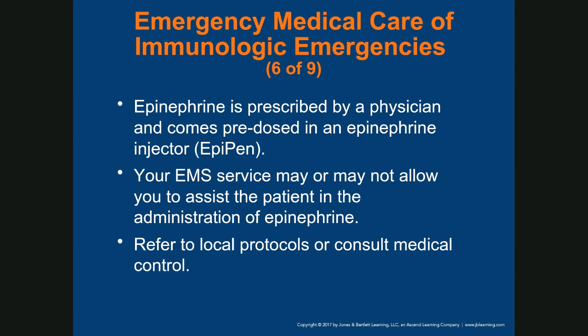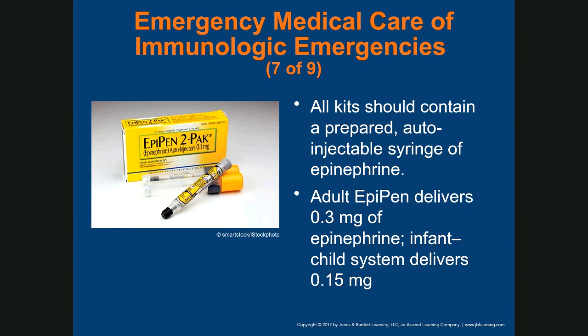Epinephrine is prescribed by a physician and comes pre-dosed in an epinephrine injector, EpiPen. Your EMS service may or may not allow you to assist the patient in administration of epinephrine. So you will be guided by protocol and medical direction. All kits should contain a prepared auto-injectable syringe of epinephrine.